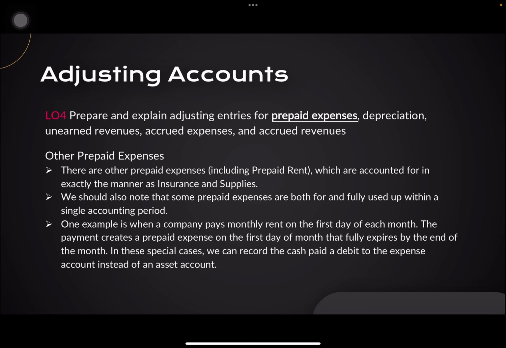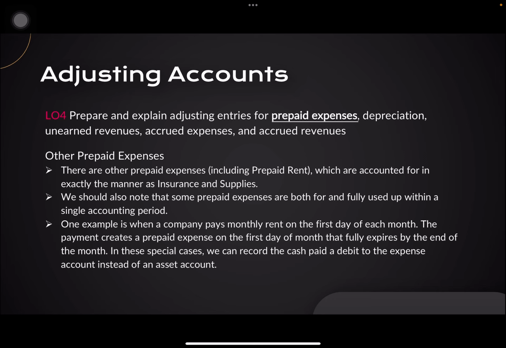So for the passing of time, the prime example that we did was the prepaid insurance. Initially, at the start of the month, which is March 1, we purchased insurance amounting to 2,400. And then every month that passes by, we need to take out the expired portion of that insurance.